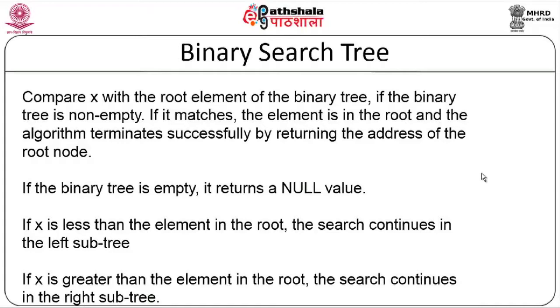Similarly, we are going to traverse the right side if x is greater than the element in the root. In this process, the traversal is carried out till we get the information whether the item x is present in the BST or not.